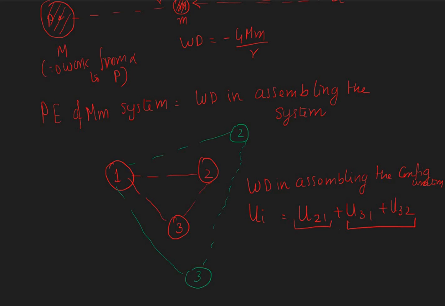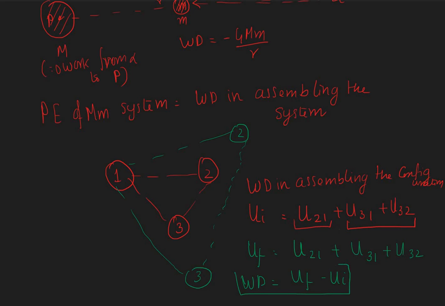Then you need to find what is your Uf. That will be U21 plus U31 plus U32, and your work done is equal to Uf minus Ui.